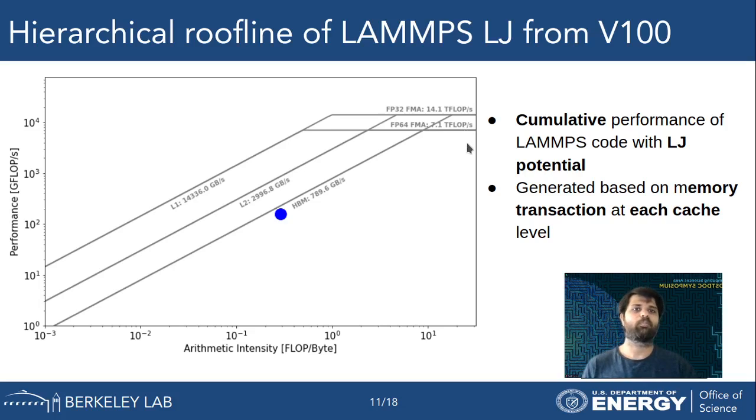The reason being, for the next generation GPUs or CPUs that are being developed, Moore's law normally shows a big increase in computational throughput. However, the bandwidth does not increase at that rapid pace. And so ideally, to future-proof our potentials or any algorithm, we need to have a kernel sitting upwards and rightwards.